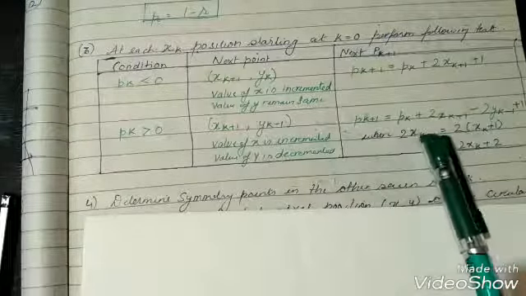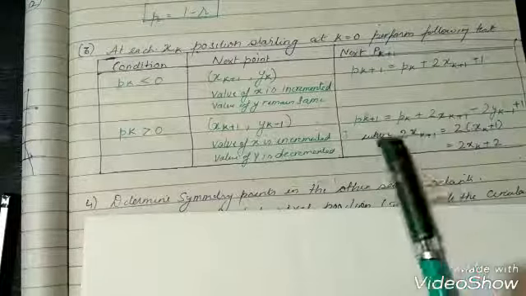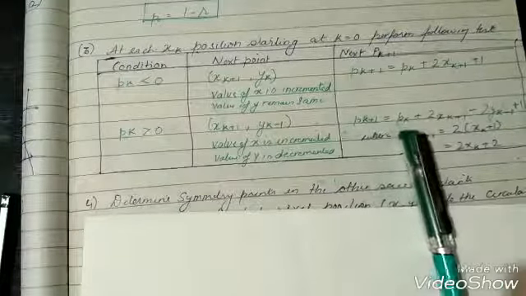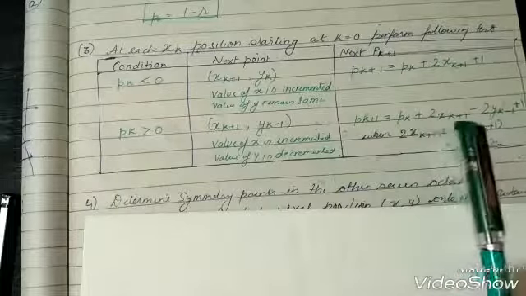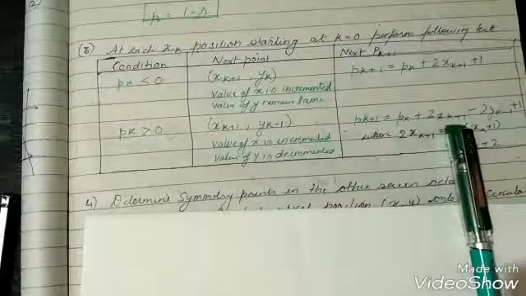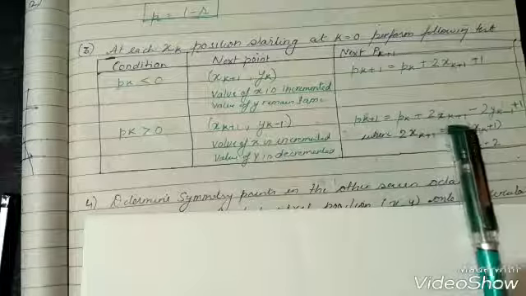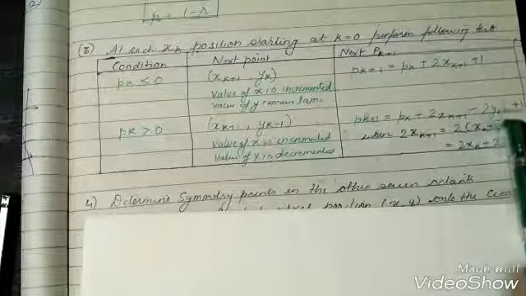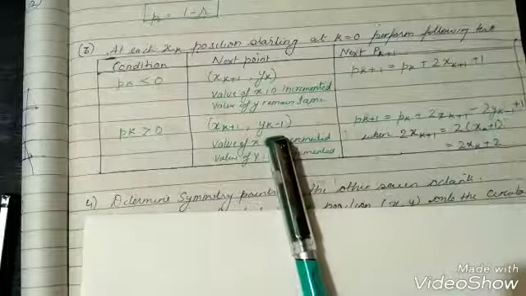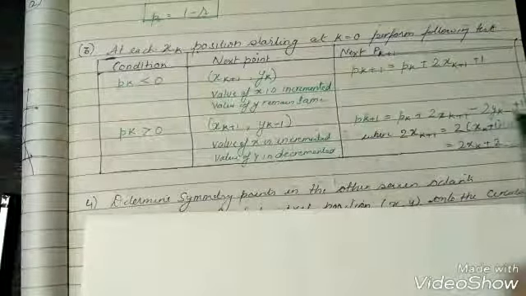This is a bit complicated, so try to memorize or understand it: the previous decision parameter plus 2 times the new x coordinate, minus 2 times the new y coordinate, which is yk minus 1, plus 1.